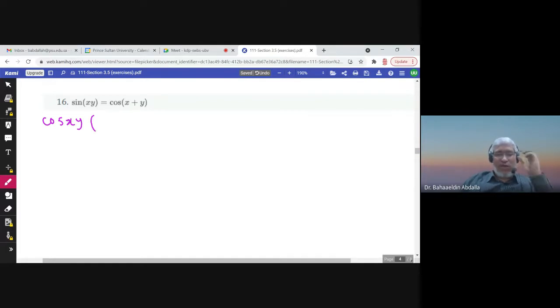But the inner function is the product x times y. We use the product rule. Derivative of x is 1. X times derivative of y is y prime. Derivative of cosine is negative sine times the derivative of the inner function. Derivative of x is 1. Derivative of y is y prime.